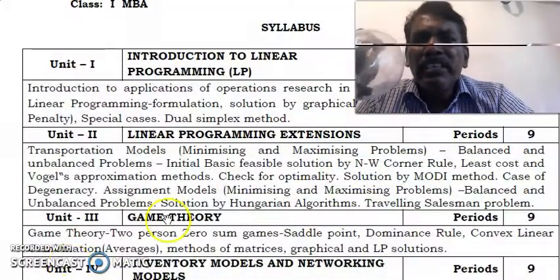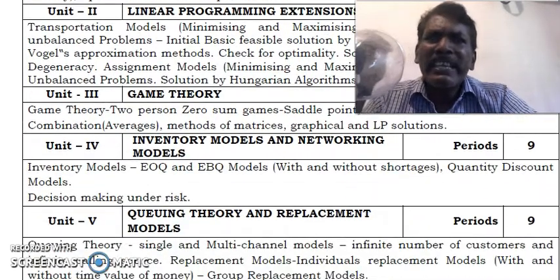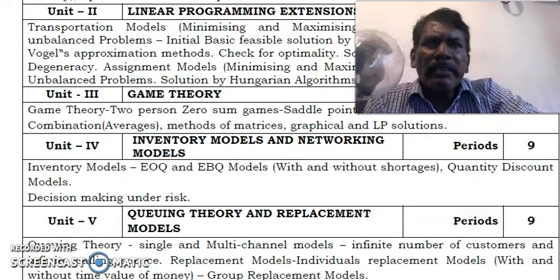Okay, now coming to the next unit, unit number 4: inventory models and networking models. Inventory models, I told you already what an inventory model is. Raw materials come in and move out, and what takes place between this is called the inventory model.